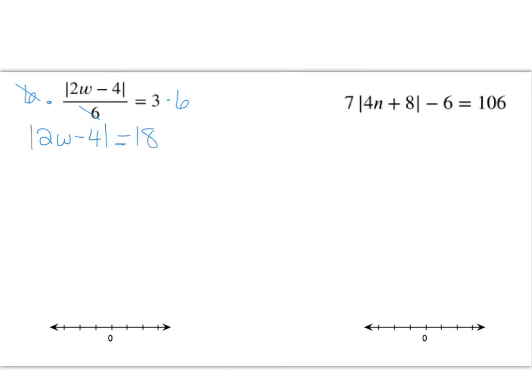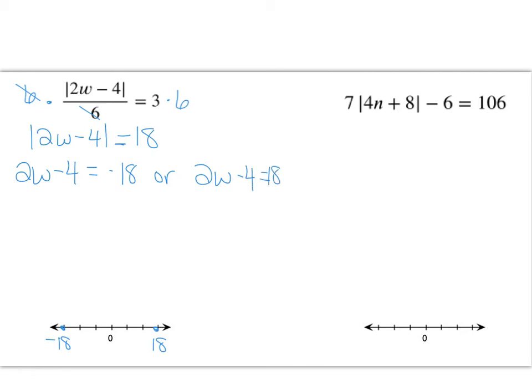Once the absolute value is isolated, then you write your two equations. What two numbers have an absolute value of 18? Negative 18 has an absolute value of 18, and positive 18. So you take the stuff that's inside the absolute value, you do not change it, and you set it equal to negative 18, and then you set it equal to positive 18.